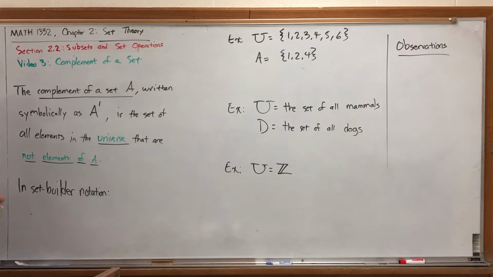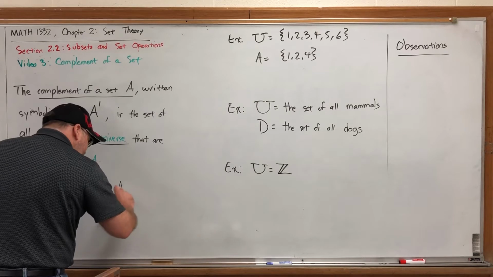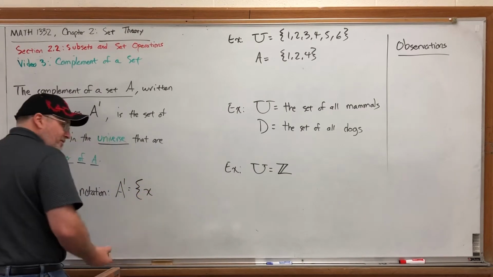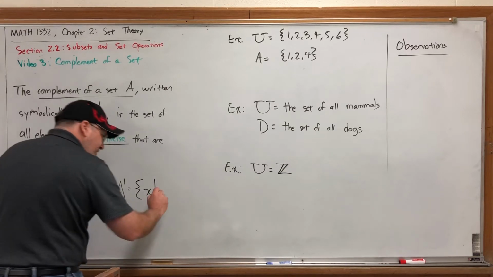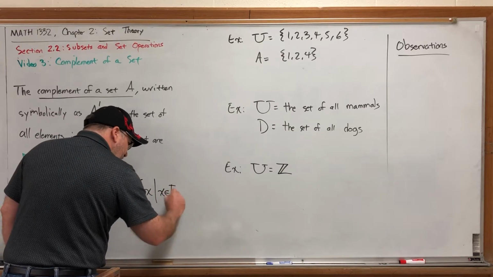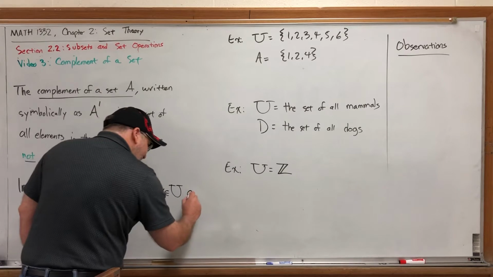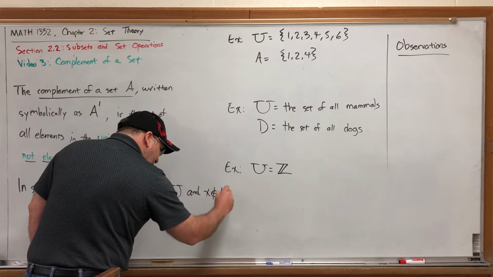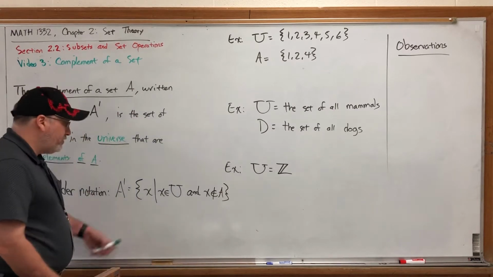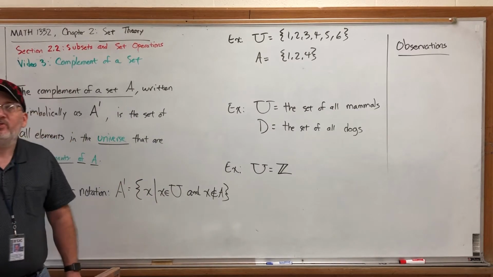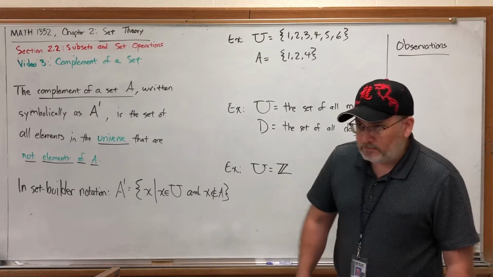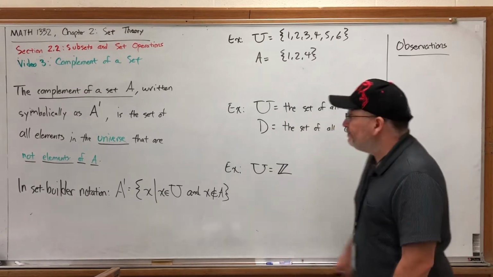In set builder notation, A complement is the set of all x's such that x is an element of the universe and x is not an element of A. So you must be in the universe, but you cannot be in the original set. Just think of it as the opposite of, or what's excluded from a set.